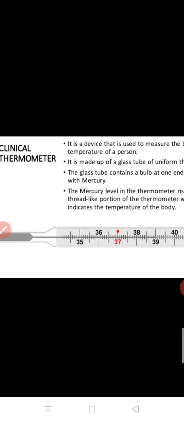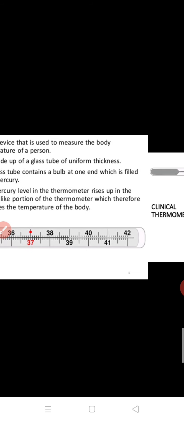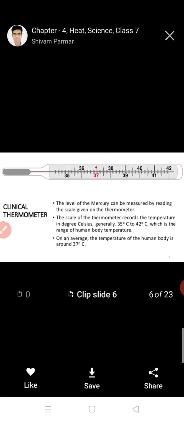You will also find a scale on the thermometer. Can you find a scale? Something is written, right? 36, 38, 40, 42, something is written here. The scale we use is a Celsius scale. It is indicated by degree Celsius. A clinical thermometer reads temperature from 35 degrees Celsius to 42 degrees Celsius.